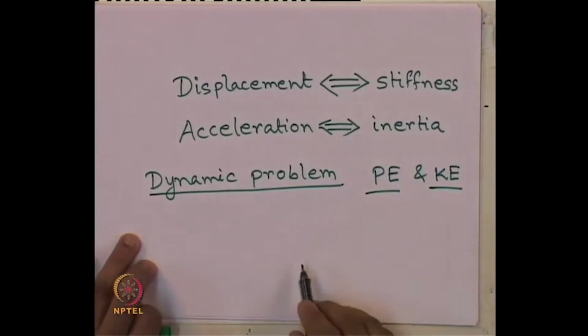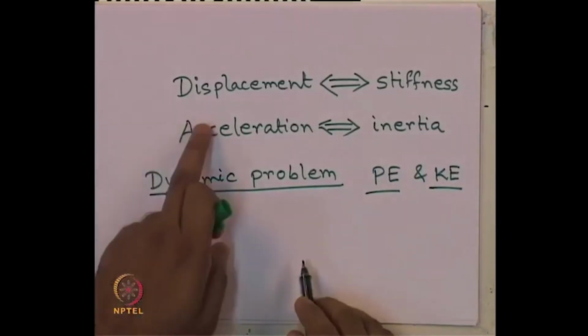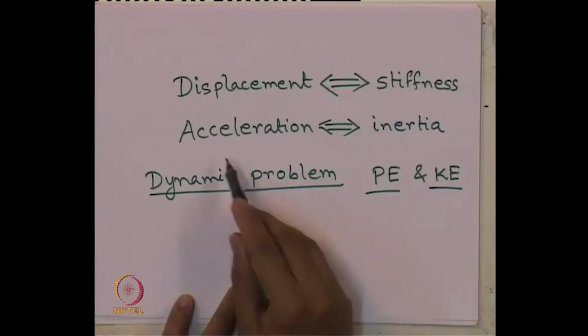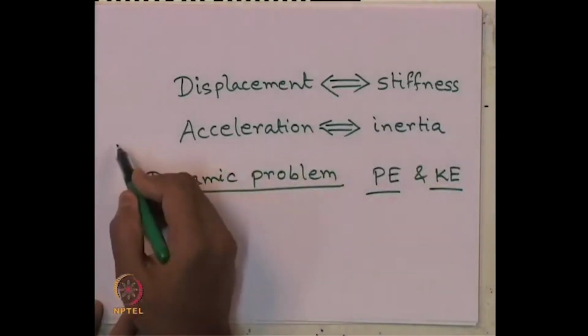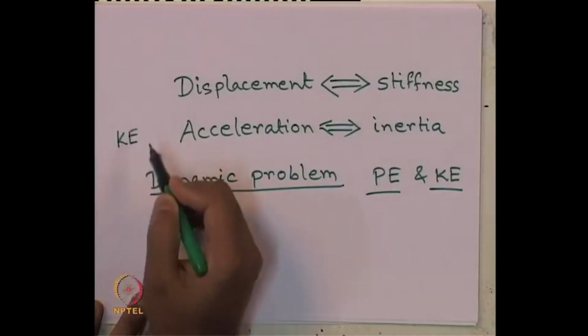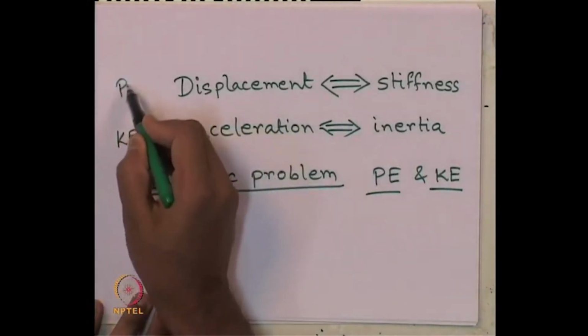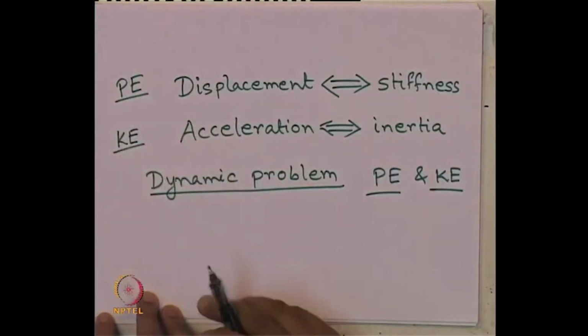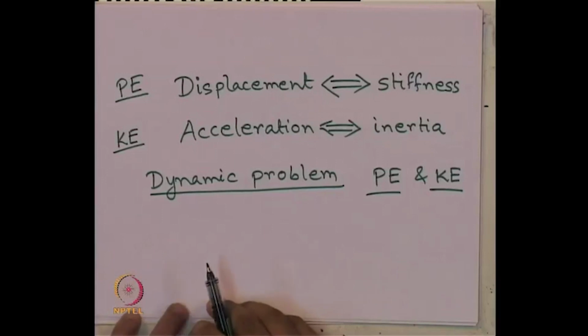To take care of these two issues, the displacement has to be related to the stiffness and acceleration has to be related to the inertia component. So, this one relates to the kinetic energy component and this one relates to the potential energy component during the exchange of potential energy to kinetic energy and vice versa for vibration.